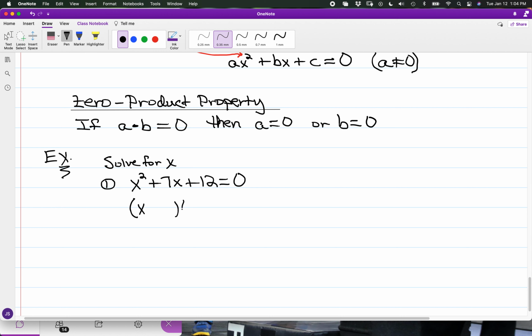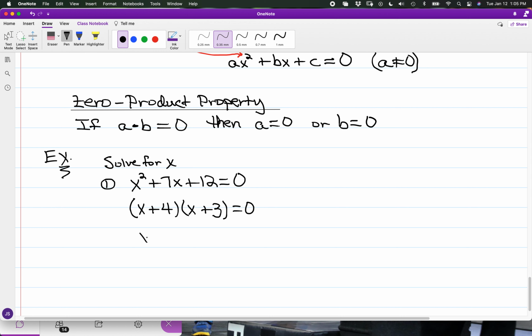With x squared, this will factor out to x and x. And for factors of 12 that add up to 7, we have plus 4 and plus 3. If the whole expression is equal to 0, then at least one of the factors must be 0.